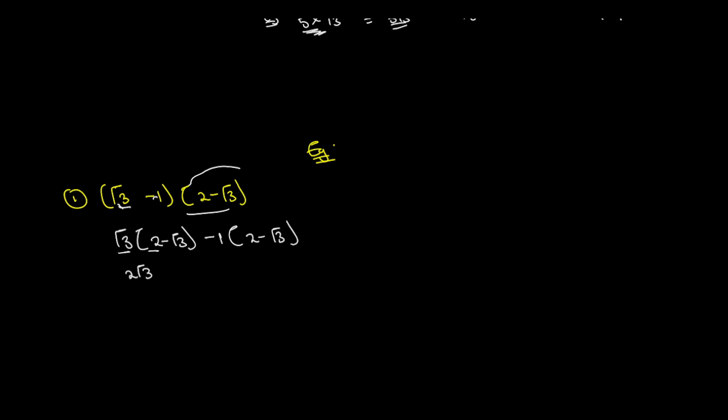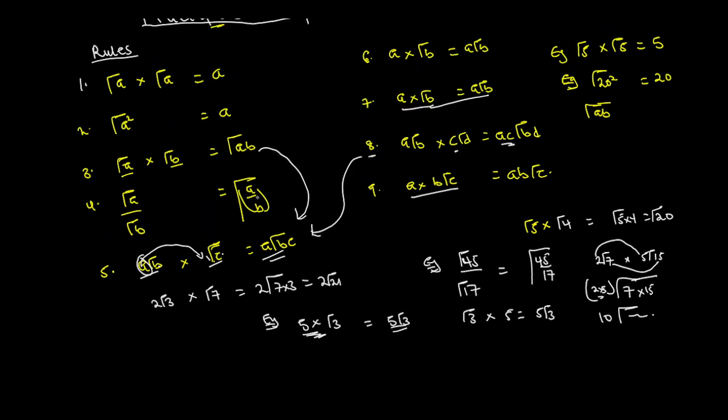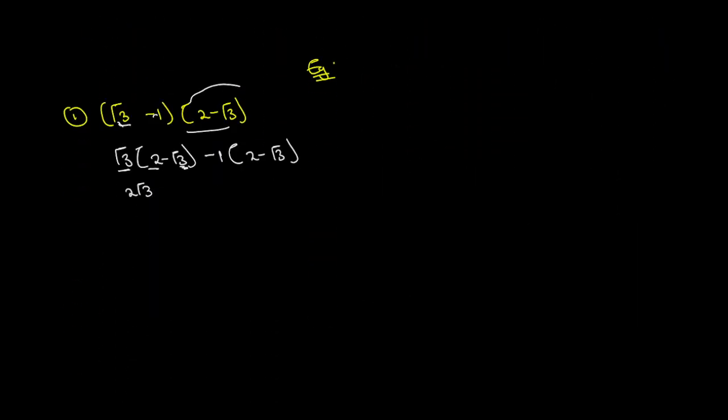Now, what is root of 3 times root of 3? Remember, it says square root of A times square root of A is equal to A, right? So here, square root of 3 times square root of 3 is equal to that same number, which is 3.